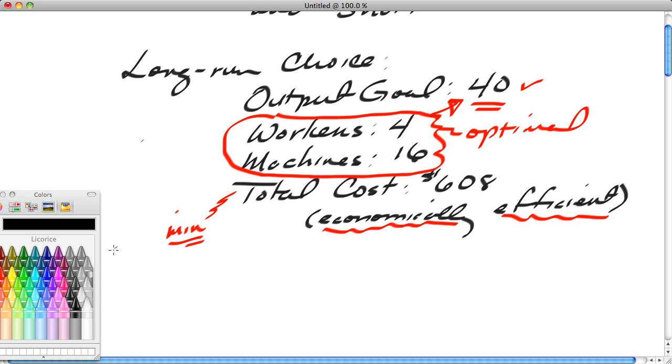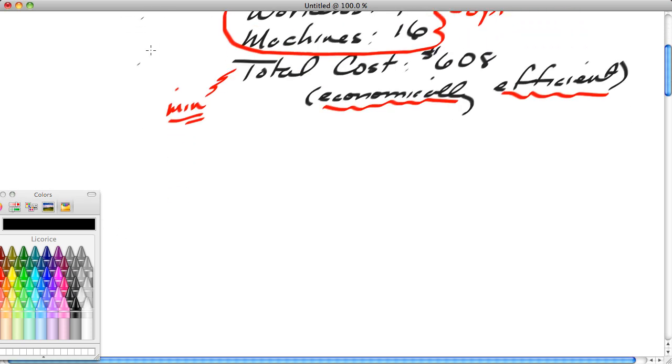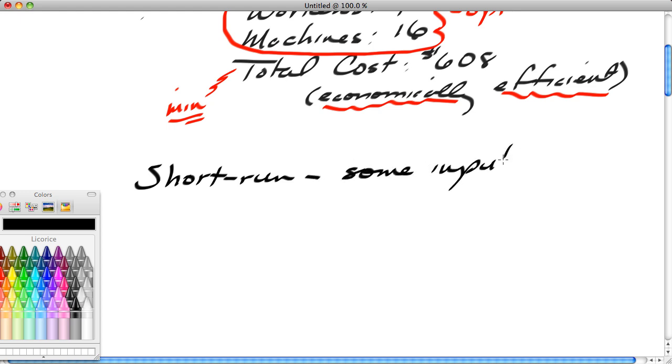So let me scroll down a little bit here, and let me jot a few notes down. In the short run, let's review this. In the short run, some inputs are fixed. If no inputs were fixed in the short run, there'd be no distinction between short run and long run. Okay?